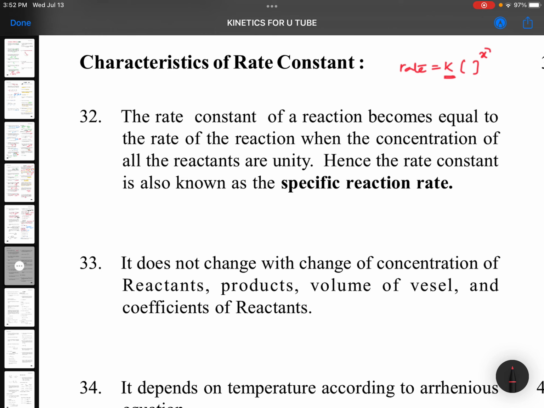That means if it is 1 to the power of 1, this is nothing but 1, and rate is equal to k. Hence the rate constant is also known as the specific reaction rate. The rate constant will be equal to rate when the concentrations are unity.